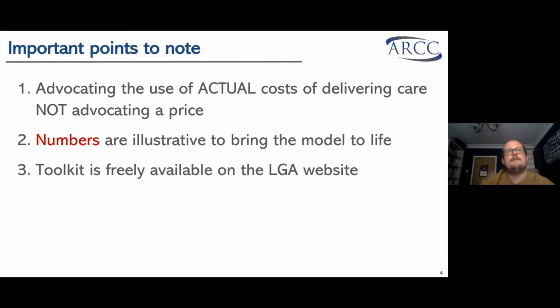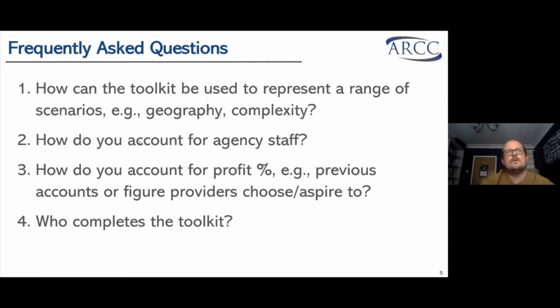What we wanted to do was just say there's a few questions invariably, with us doing this for a period of time and engaging with a lot of authorities in the development. There were some frequently asked questions that people posed to us, some of which I've listed here in relation to how the toolkit can be used to represent a range of scenarios.